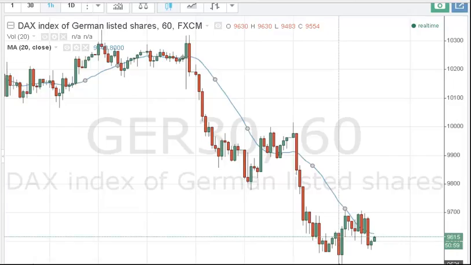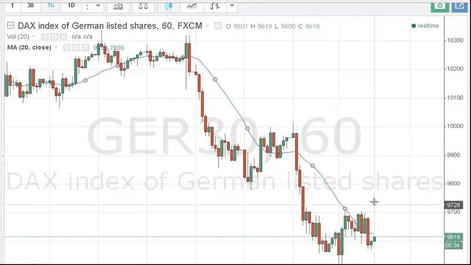So here is the algorithm, and then I'm going to see how it does. And at this stage, I don't know. The idea is that if it breaks the bottom of the range, the market's falling. And I want to be short that market.